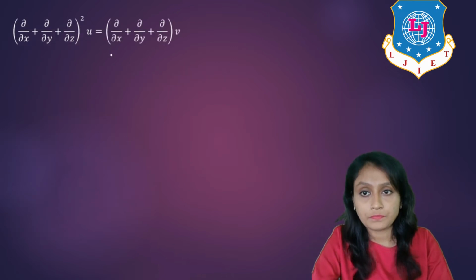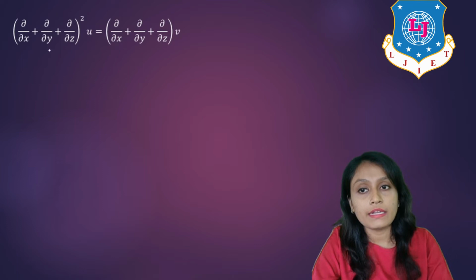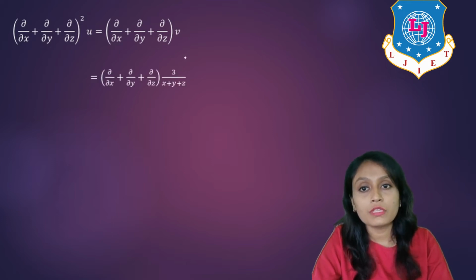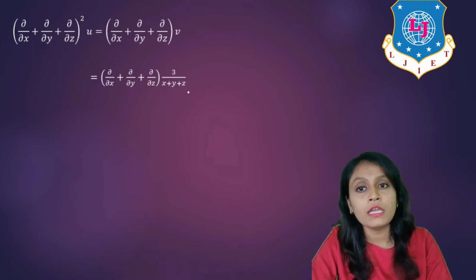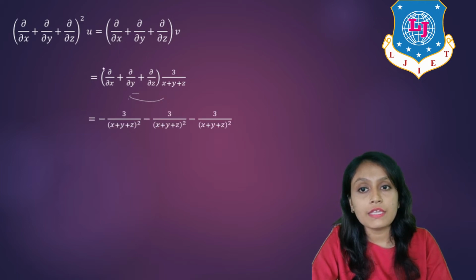Okay, next. Now (del by del x plus del by del y plus del by del z) whole square into u, we have simplified as (del by del x plus del by del y plus del by del z) into v. Now we know the answer of v, that is 3 upon x plus y plus z. Now we will multiply this in the bracket. Firstly we have to take the derivative with respect to x of 3 upon x plus y plus z.